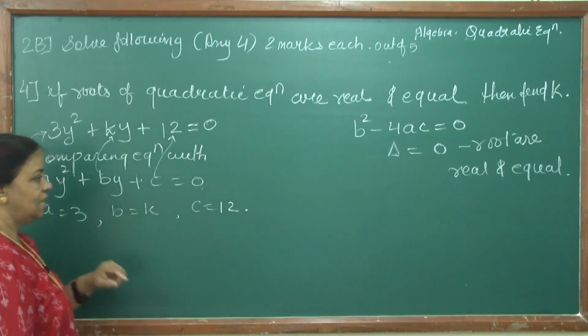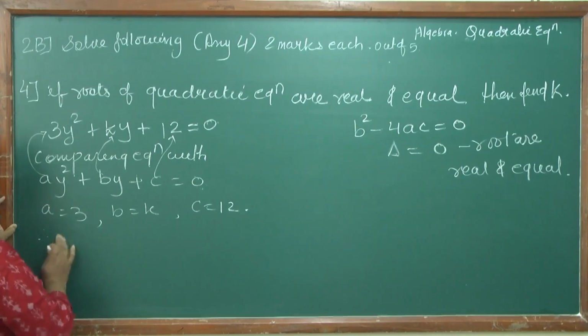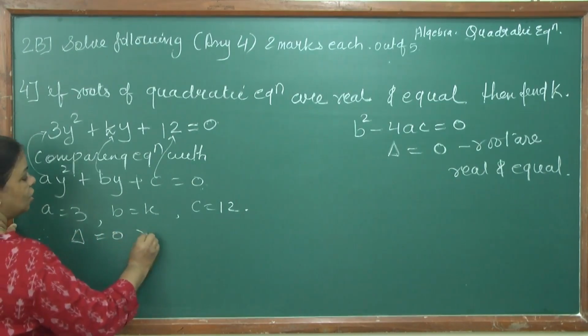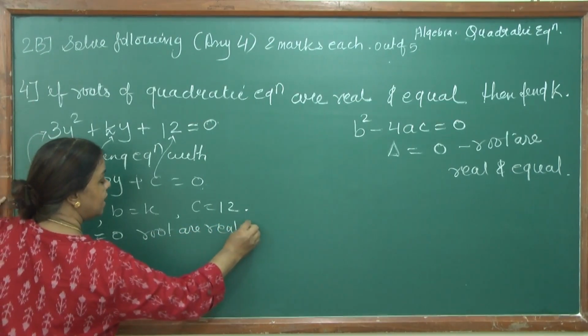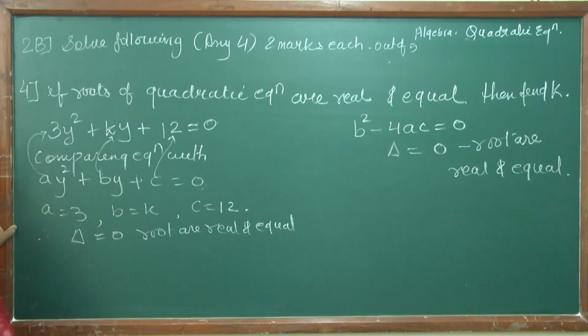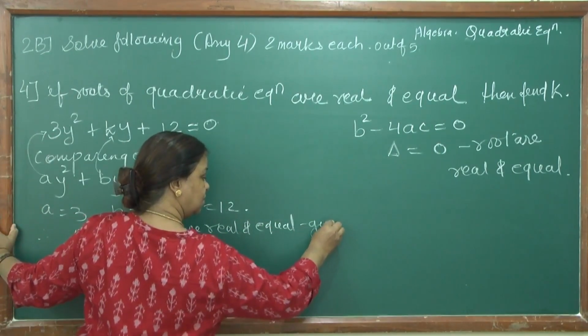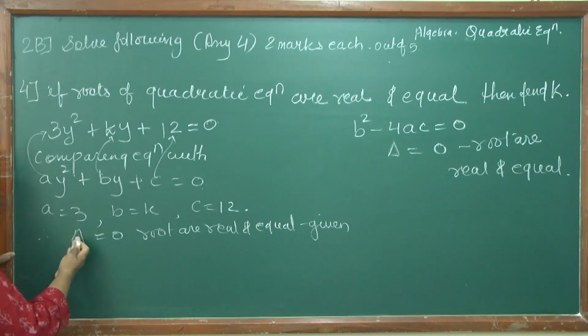But the roots are real and equal, therefore delta is equal to 0. Why? Roots are real and equal. And how do you know roots are real and equal? It is given that roots are real and equal, therefore delta is equal to 0. And what is delta?